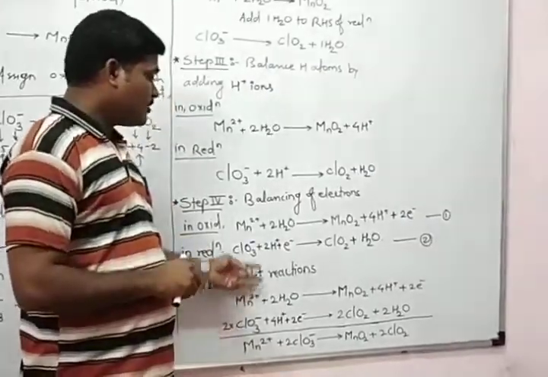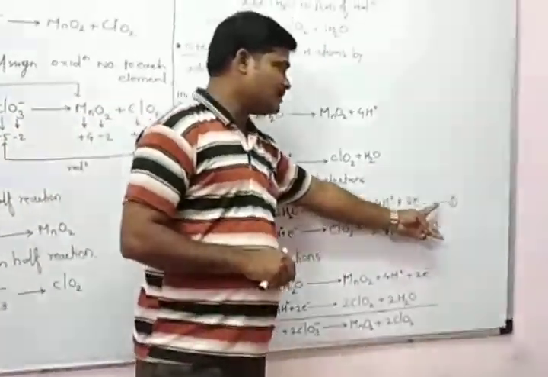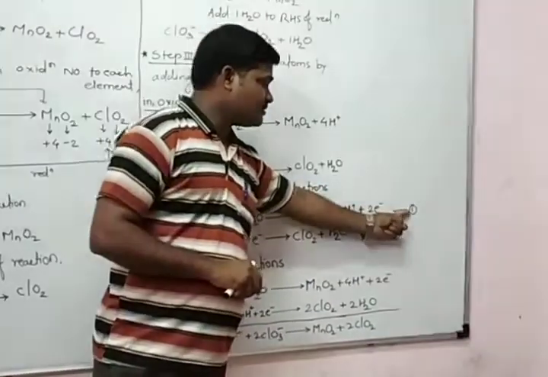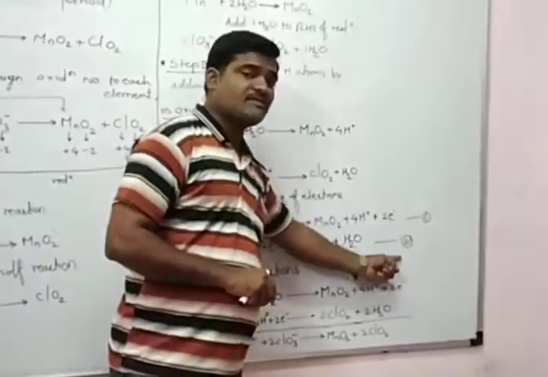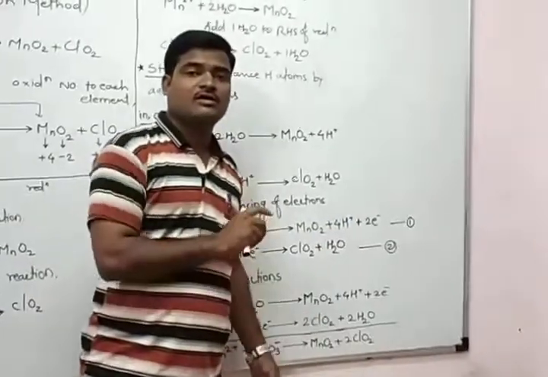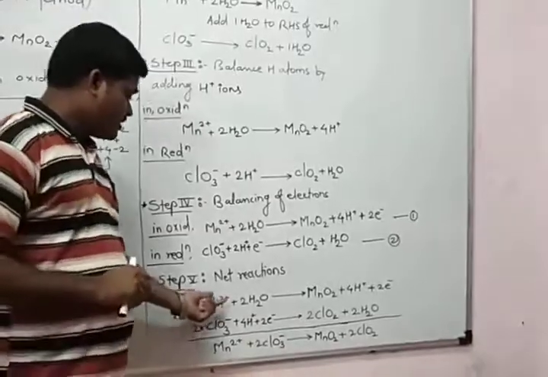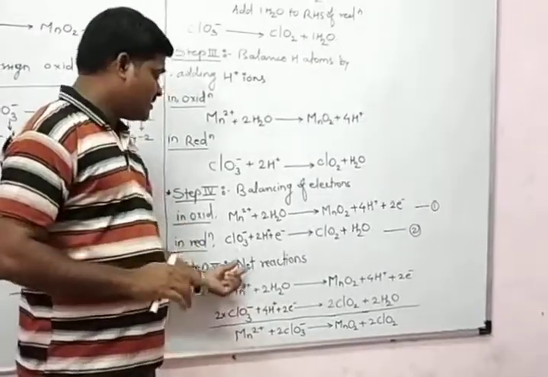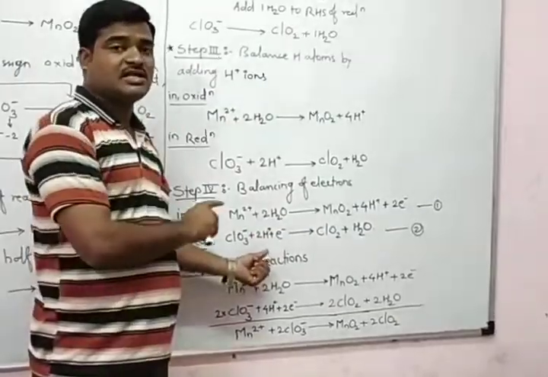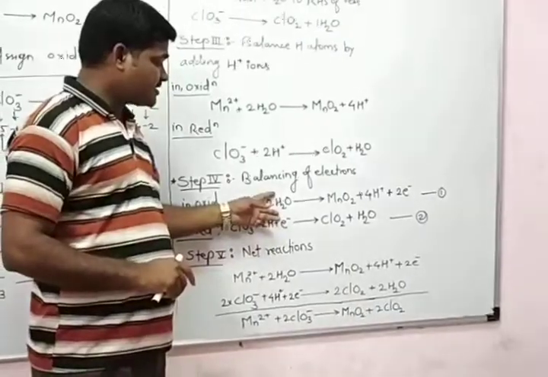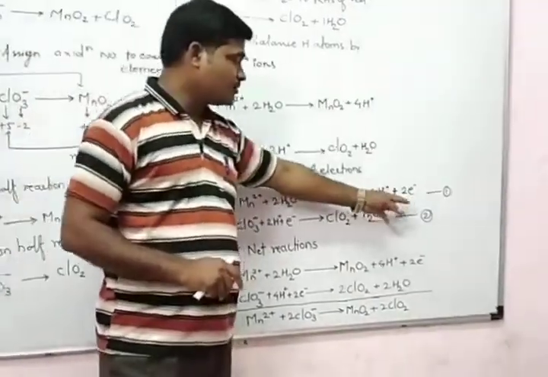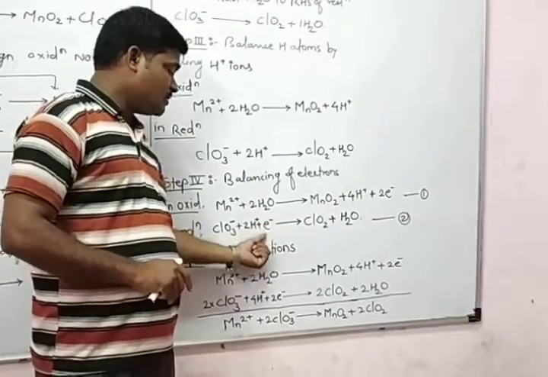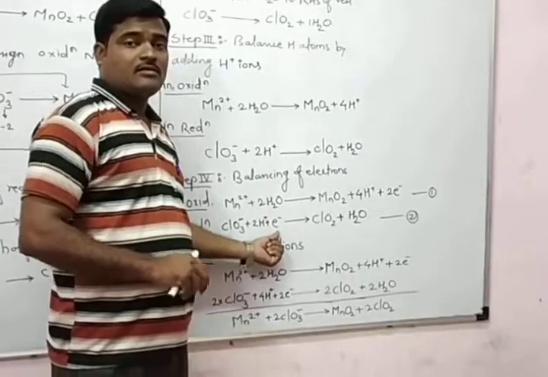Net reaction means everything is balanced now, so we are going to the conclusion, that is, the net reaction we have to write. In that case, we have to assign numbers to both equations. I have given numbers to the first half reaction and second half reaction. If both reactions are added here, the number of electrons is still not balanced. In the first equation the number of electrons is 2, and here the number of electrons is 1.